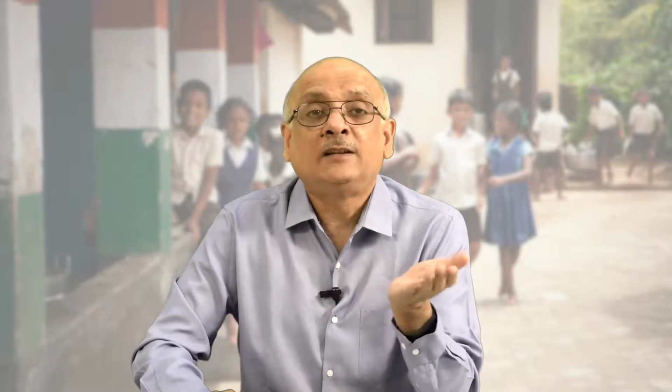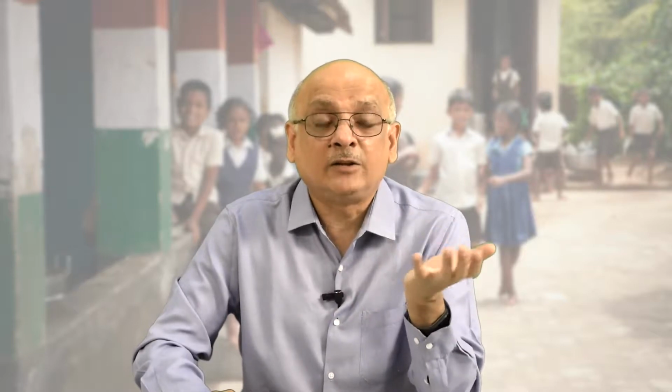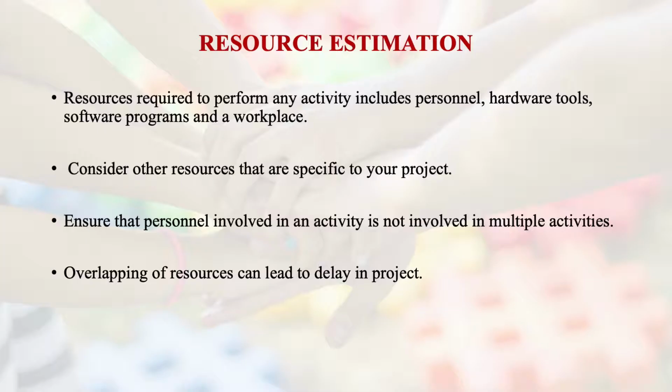If that happens, then your project will be constrained, and you may run out of schedule, like your completion time may run out, and that means lots of losses. Overlapping of resources can lead to delay in the project, which we normally do not want to happen, naturally. If due to some unforeseen reason it is happening, we can't do much about it. But if it is happening because of unplanned activities, then it is not really required.